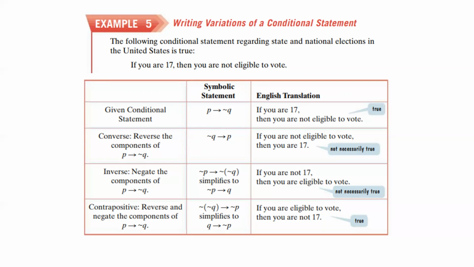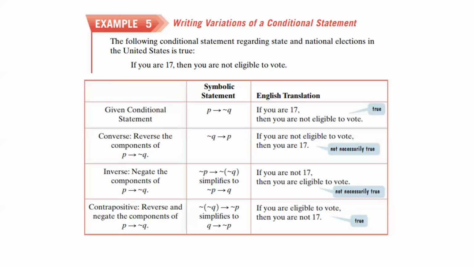Whatever helps you keep it straight. So if I flip my statements and negate both of them, then originally I had if you are 17, then you are not eligible to vote, and now my contrapositive tells me that if you are eligible to vote, then you are not 17.